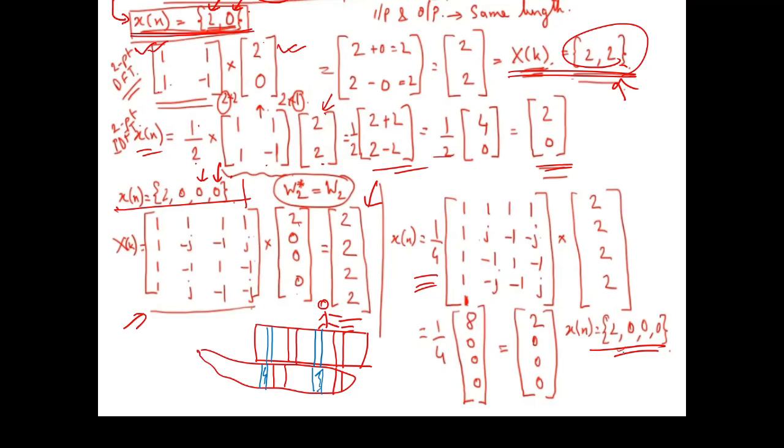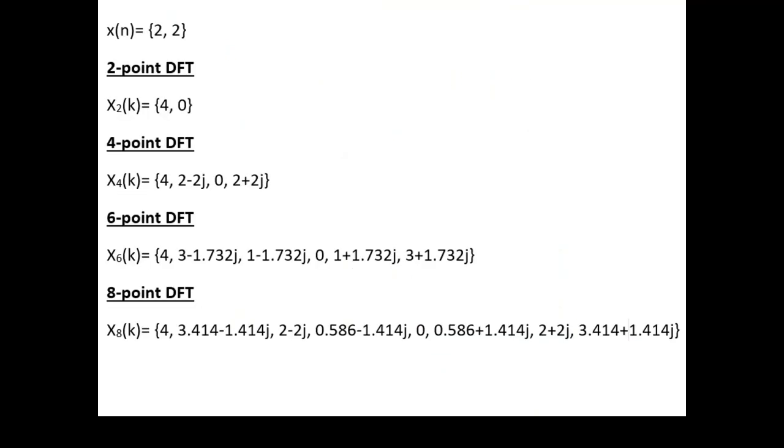Your original signal will not change. It is x of n equals 2, and x of n equals 2 comma 0, and x of n equals 2 comma 0 0 0. All are the same. The signal remains the same, but the information about the frequency axis that you get is far better. Now another important thing, if you see 2-point DFT for x of n equals 2 2, we have X of 2 equals 4 0. In the 4-point, these values have added up.